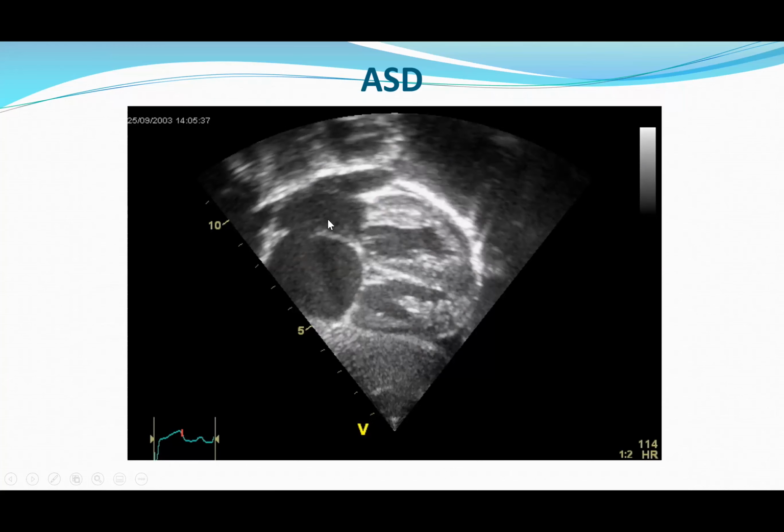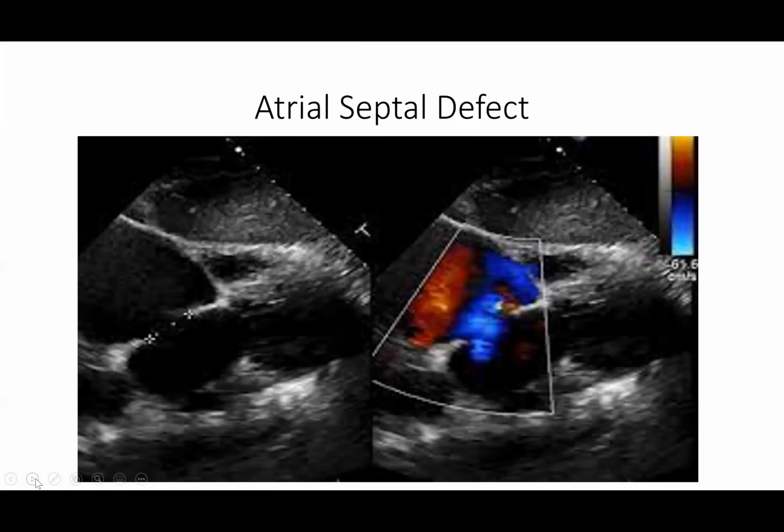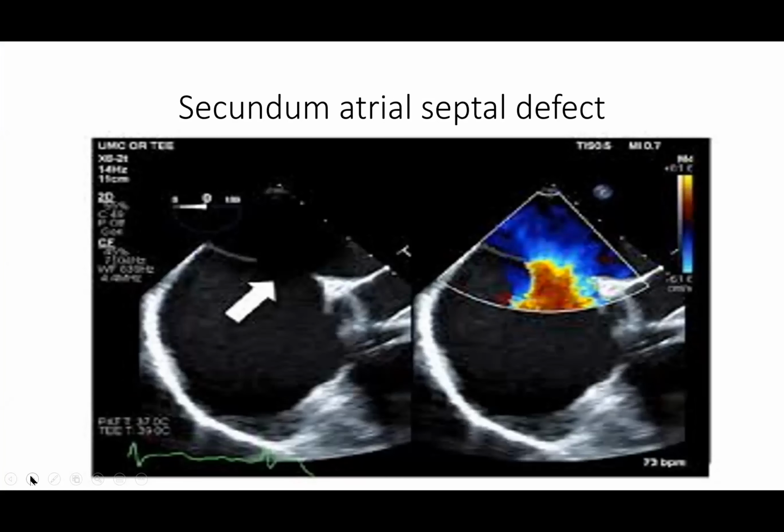So let me see. This is a secundum defect, the shunt across. This is a secundum defect, a left to right shunt.